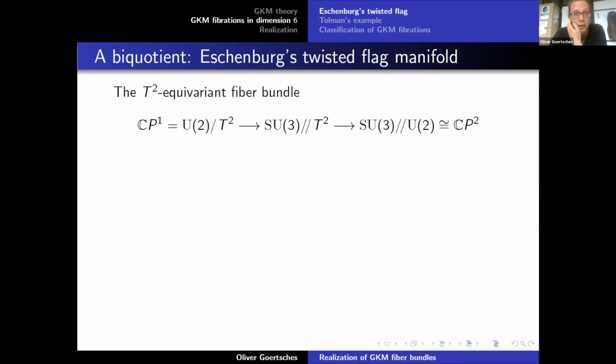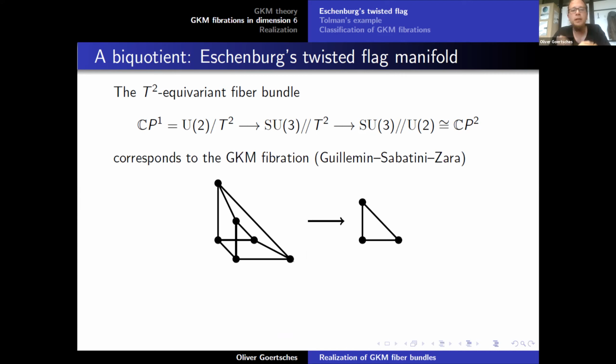Okay, so we have this fiber bundle here, and we can look at its GKM theory, because one can easily check that this space is GKM. So maybe this was a bit fast. I explained two slides ago that this Eschenburg flag here also admits a T2 action. So what was this T2 action?